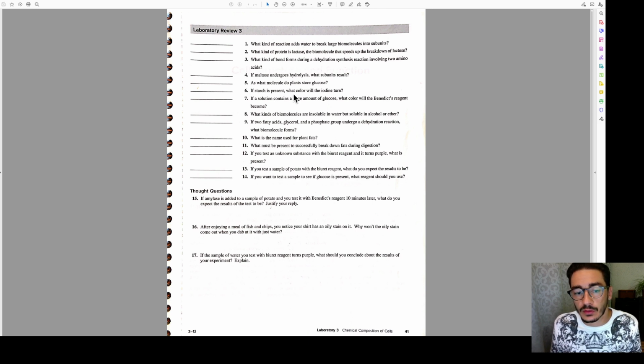But then you have to be able to understand the question. Sometimes I'm going to turn a positive question into a negative question. But if you understand the question, you're going to be able to answer. Or sometimes I'm just going to take the question, not modify it, and put it in a quiz. So just make sure you know those.